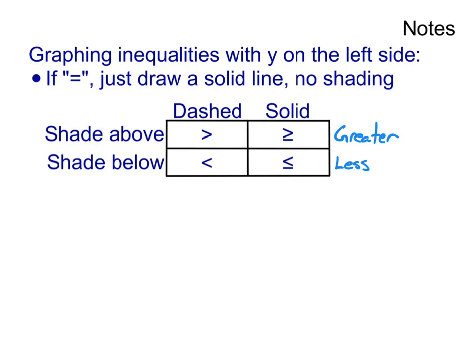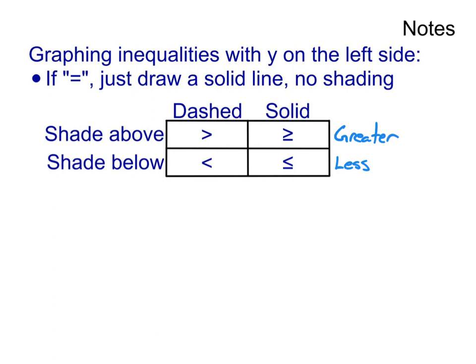So these work as long as y is on the left side, specifically actually as long as y is the only variable on the left side. If we tried to throw x over there, some weird stuff can happen too, which actually we will see here before too long. We will be messing with some equations that have x and y on the same side. But for now, this will get us taken care of.